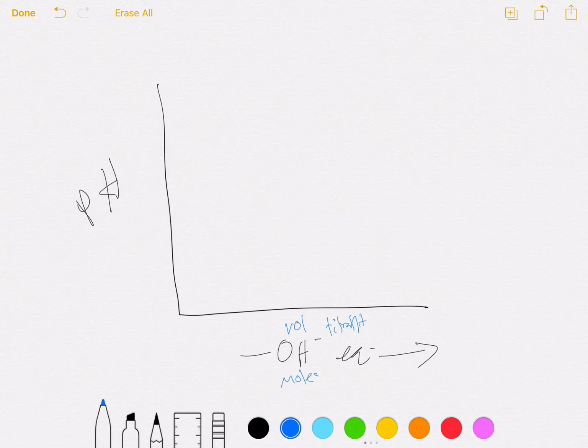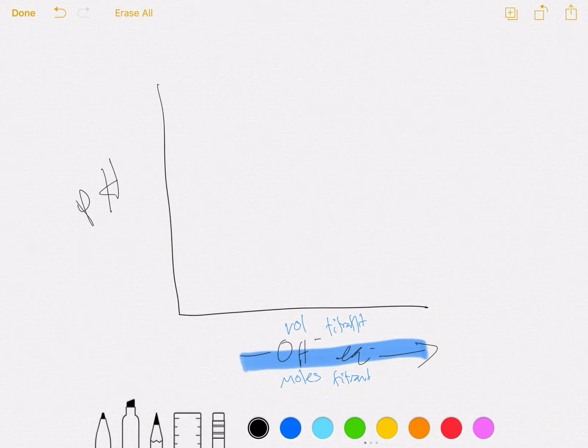You could do it as moles of titrant, whatever's the most straightforward. But I like equivalence because then no matter what, you know that it's sort of independent of concentrations.